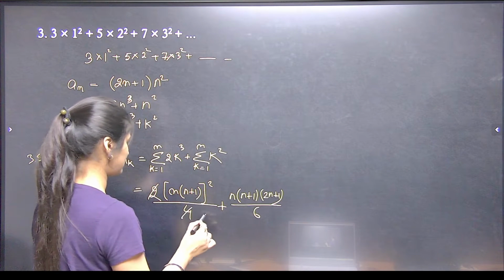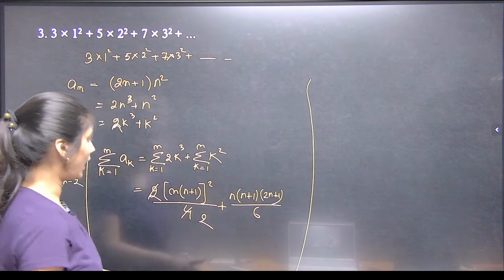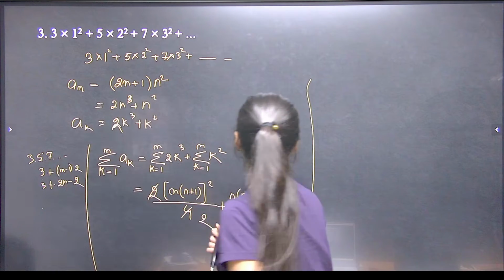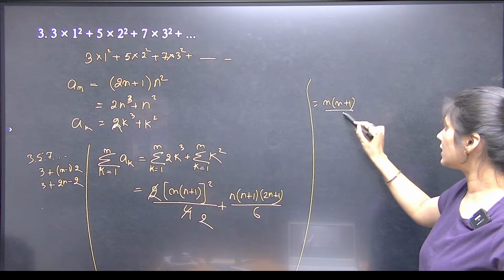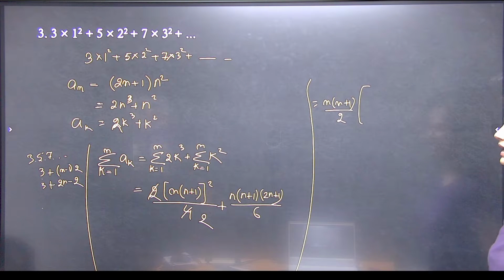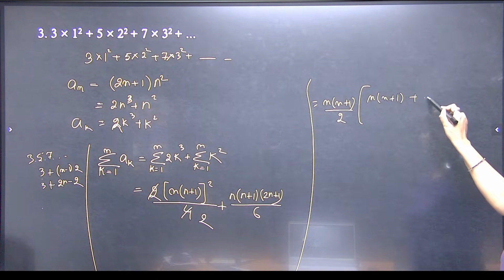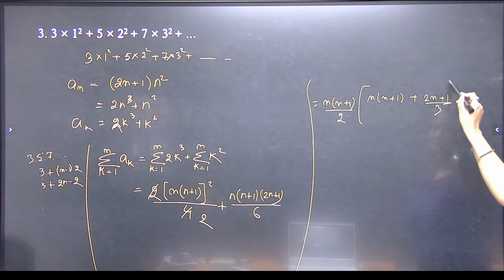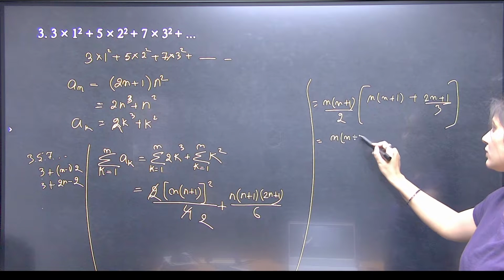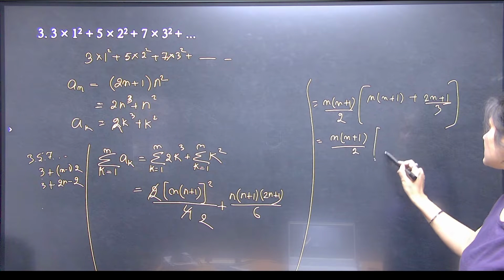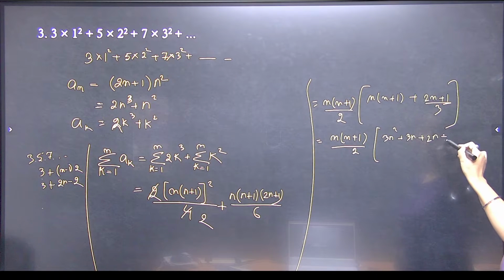That's it. Again, we can take common n plus 1, and from denominator we can take 2. So I am taking common. We have n plus 1 and at the denominator it is 2. So from the first group we can say that we are left with n plus 1 plus 2n plus 1 by 3. So it is n plus 1 by 2, and this is 3n square plus 3n plus 2n plus 1 by 3.